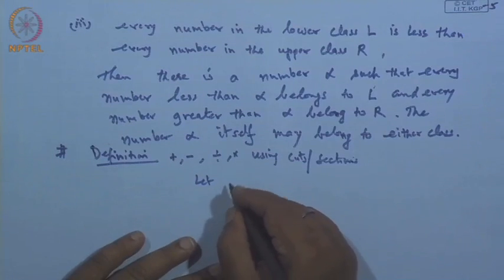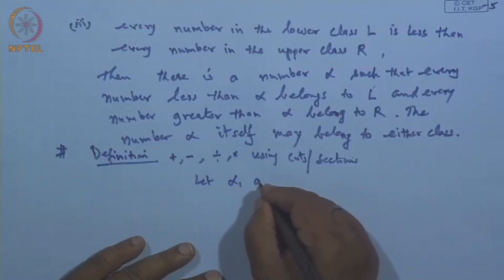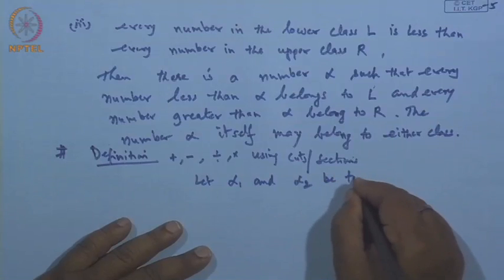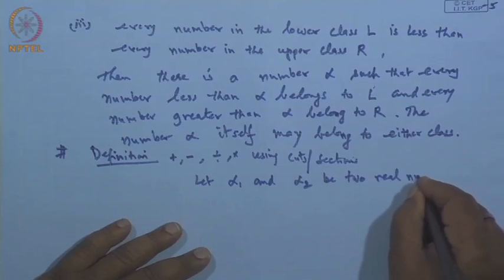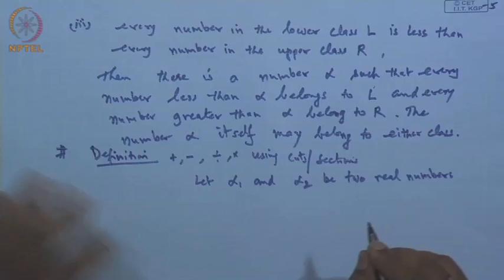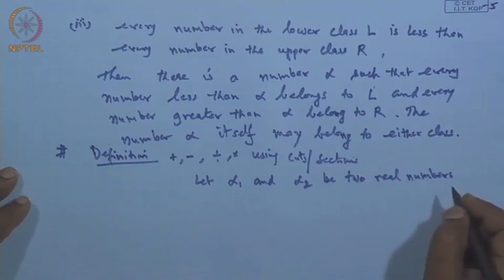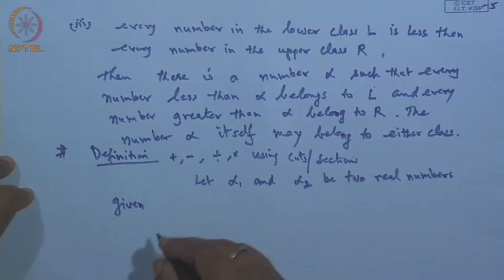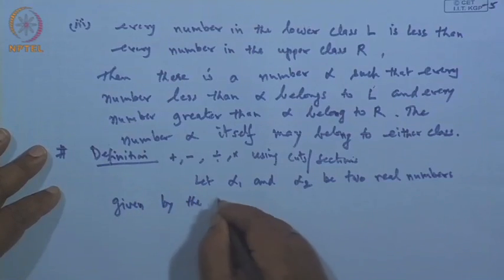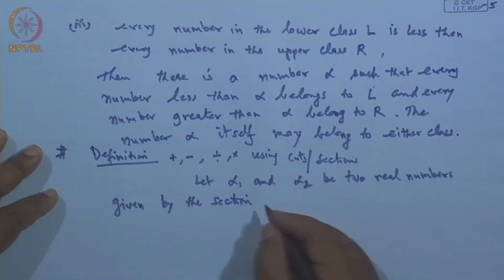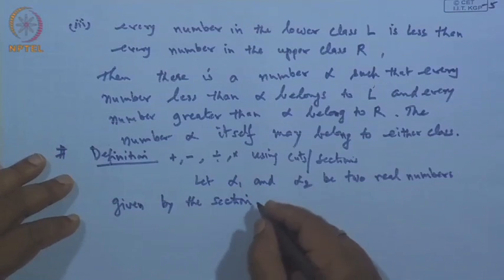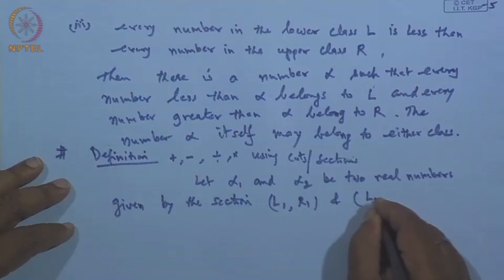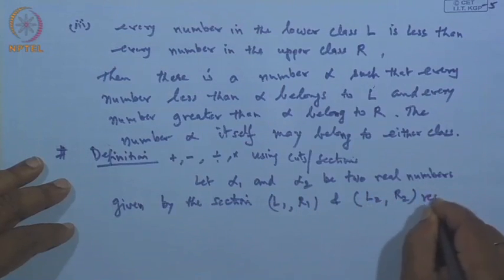Let alpha 1 and alpha 2 be two real numbers given by the sections, or cuts, L1 R1 and L2 R2 respectively.